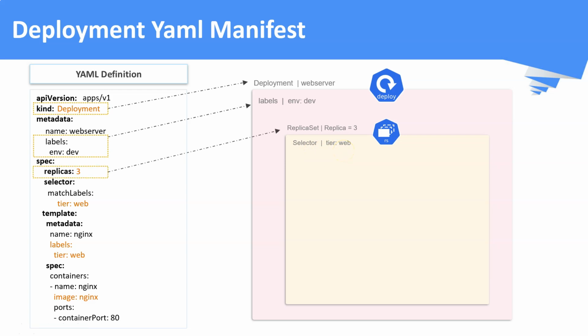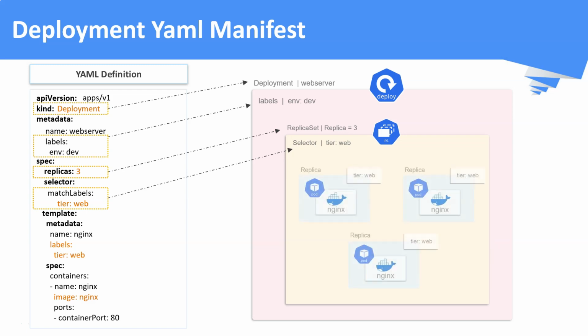This replica set has 3 replicas and each replica contains pods with its relevant template definitions.